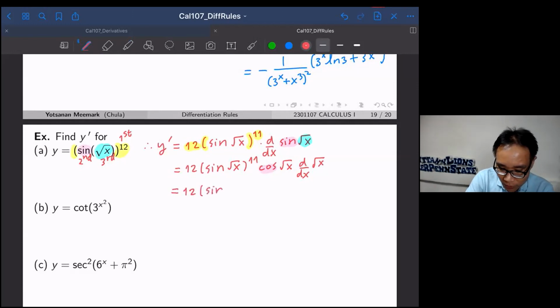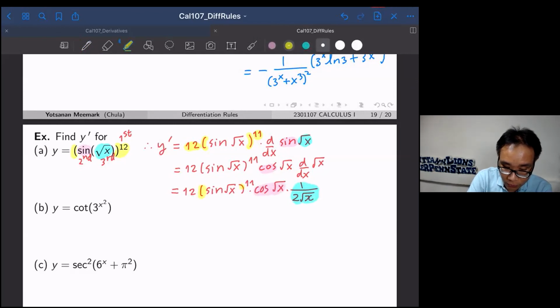So it's going to be 12 sine root x to the 11, cos root x, and you have d/dx of root x, which is 1 over 2 root x. So this one is like this. In this case, this is the blue one, this is the pink one, and this is the yellow one.